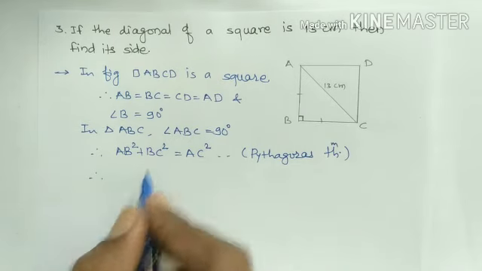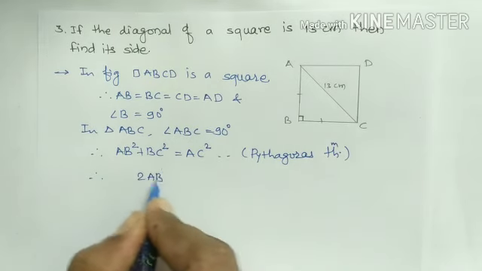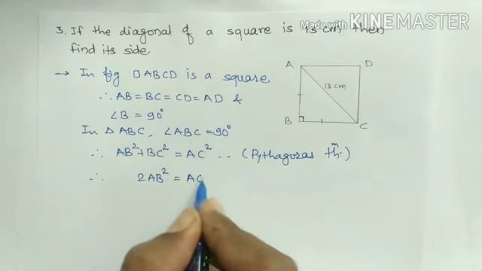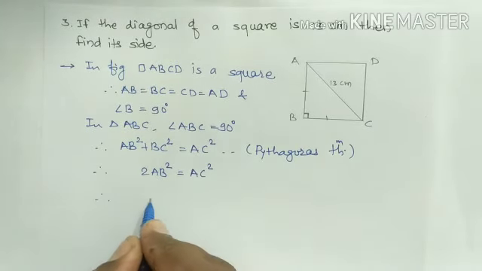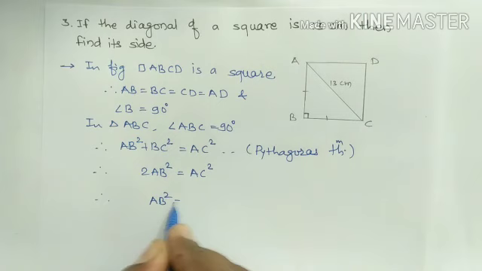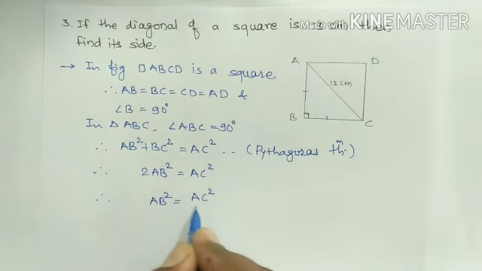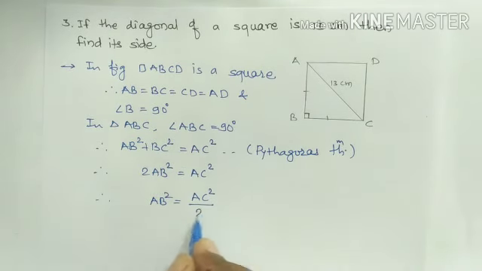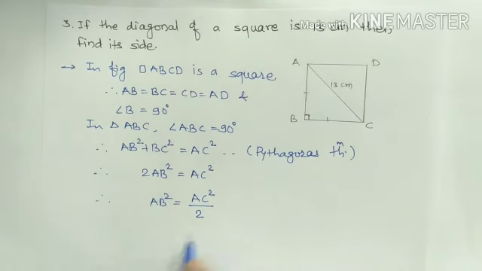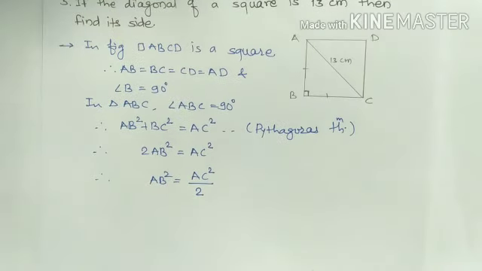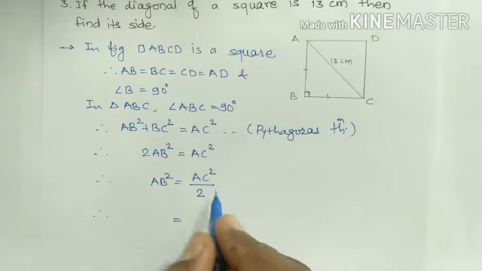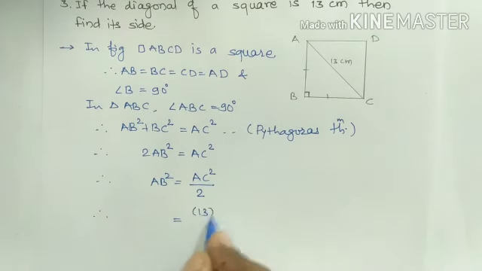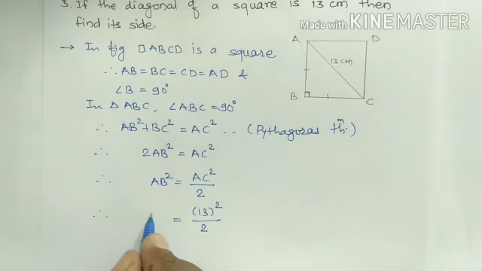Therefore AB square plus AB square, that is 2AB square equals to AC square. And therefore AB square equals to AC square upon 2. हे 2 into आहे, side change केल्यावर हे divide by होईल. And therefore this AB square equals to, here AC is given, which 13 square upon 2. This is AB square.